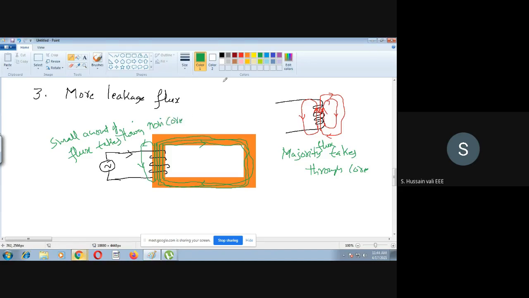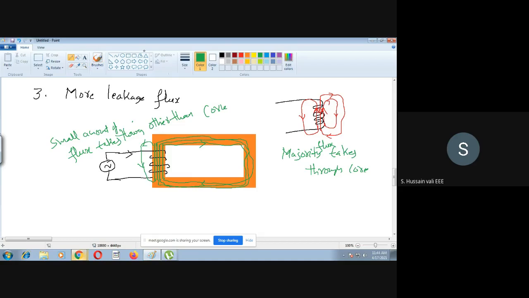I don't know whether this English is correct or not. Takes through other than core. Yes, that's correct. So a small amount of flux is taking a path other than core.